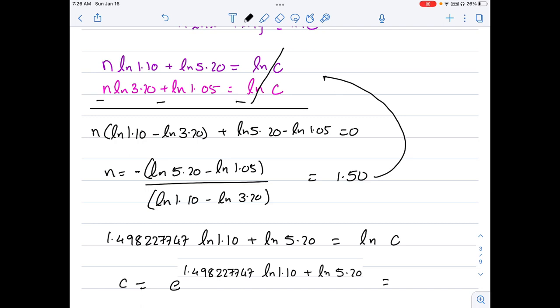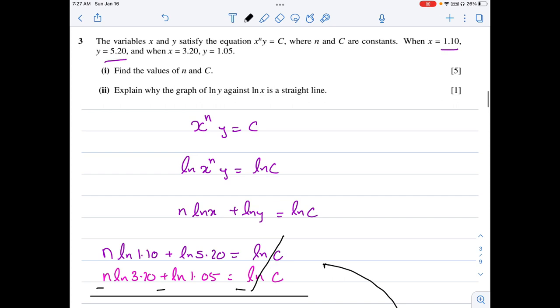I took answer because in the calculator, when I use the answer, I get the full calculated display. So I will be getting 5.998 something, which is 6.00. So the answer for c is 6.00. What else has been asked? Find the values of n and c.